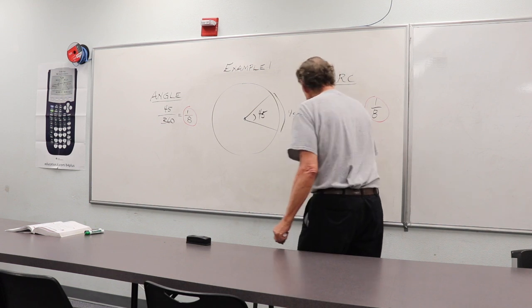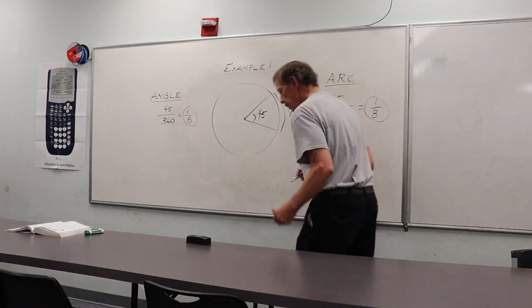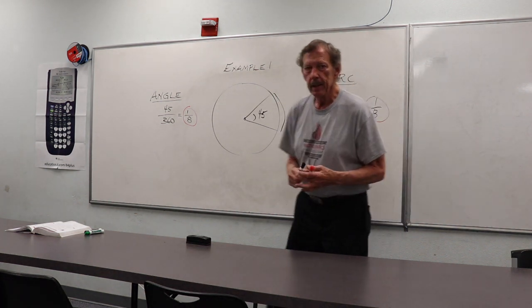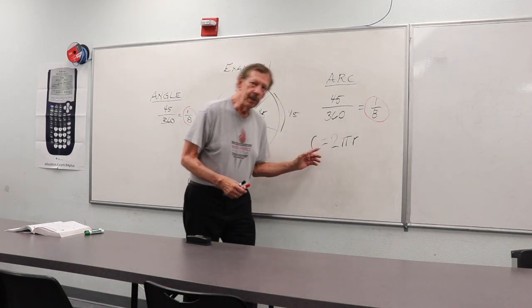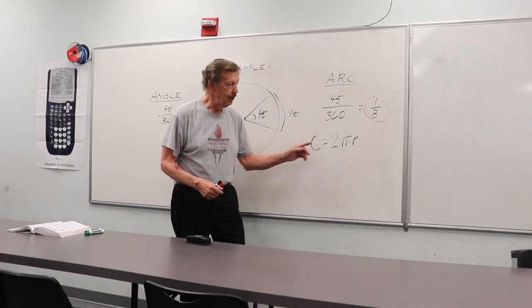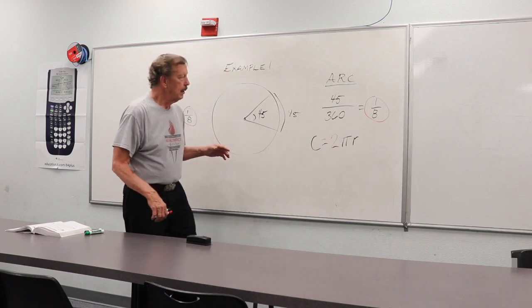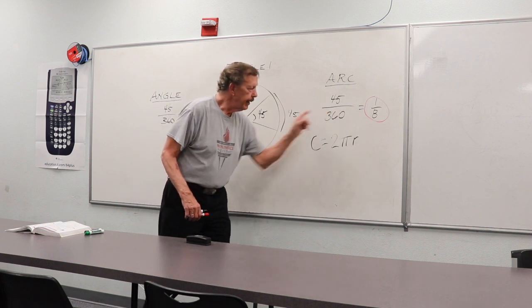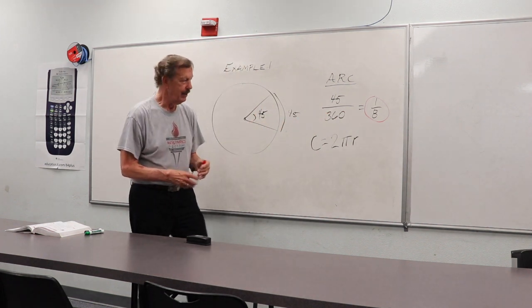And yesterday, we concluded that the circumference of the circle is 2 pi times the radius. So, in this example, we want 1/8 of that.